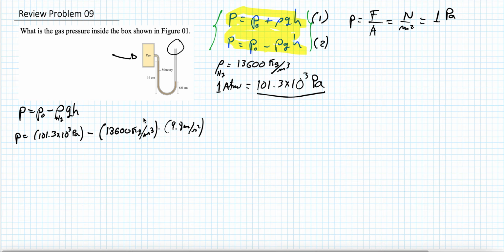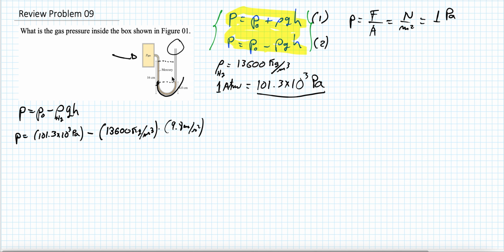Now the height. We can do a balance here, because we have this height of 16 centimeters and this other one of 6 centimeters. Think about the way the liquid flows here. It goes this way, so everything was balanced before.